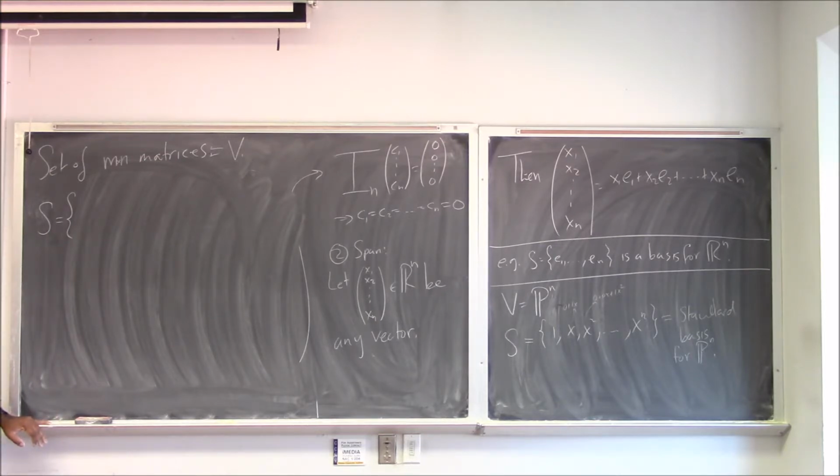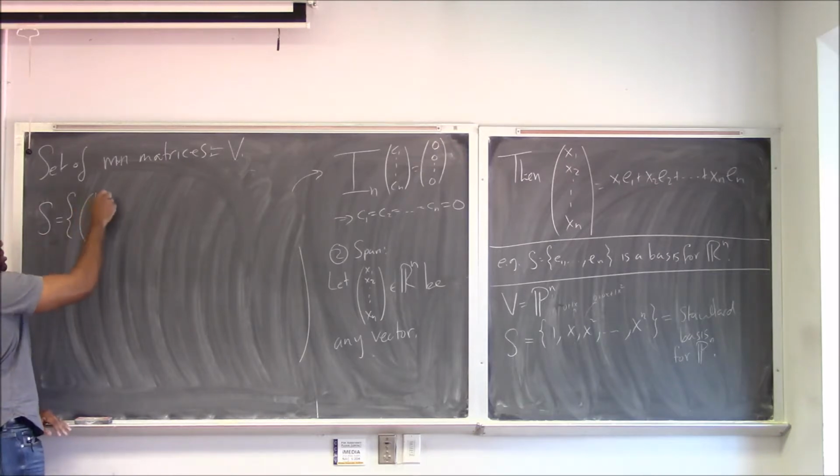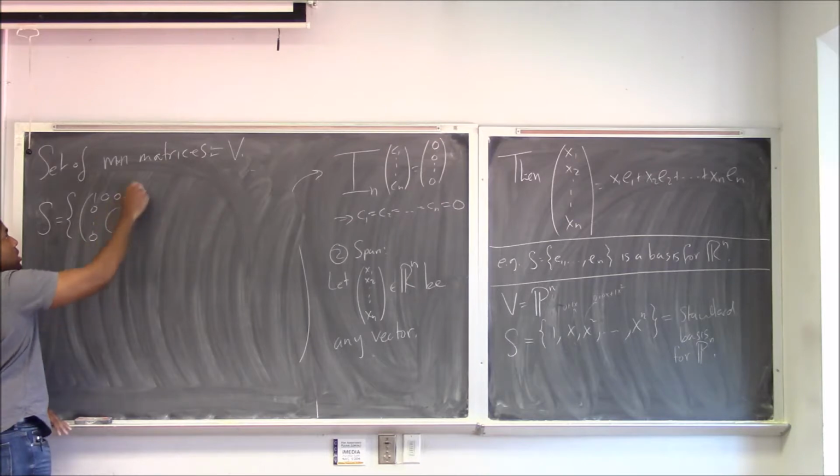You would have n by n total matrices in that set, and you would go component by component, setting each one equal to 1, and then the rest to be 0. So 1 here, 0 everywhere else.